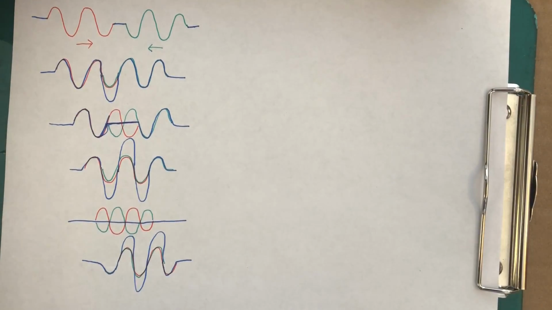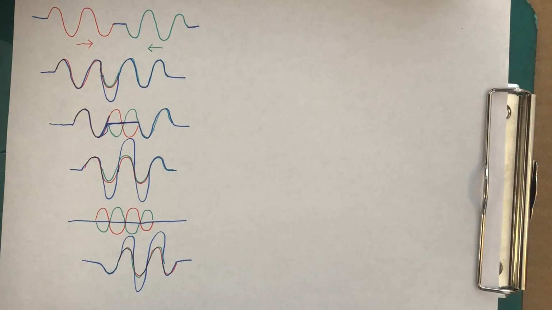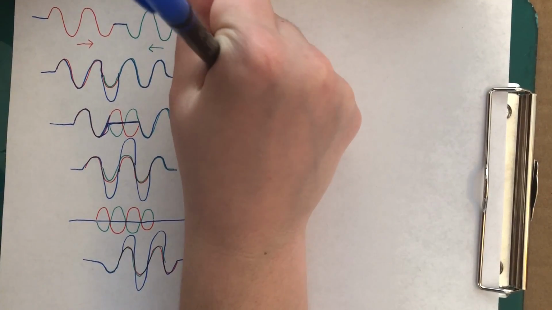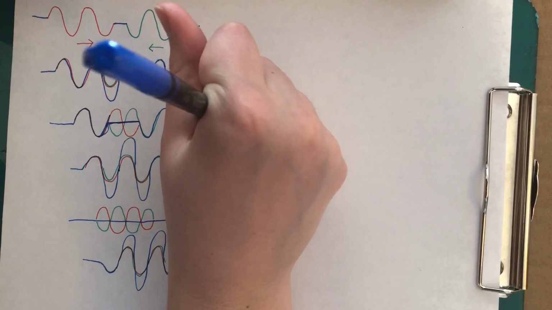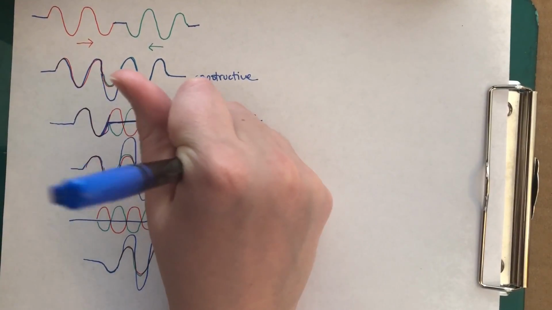So when we have waves moving in opposite directions that have a repeating cycle, like these red and green waves, we get alternating between constructive and destructive interference.